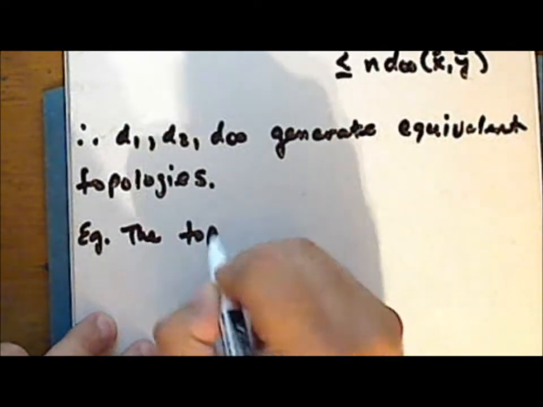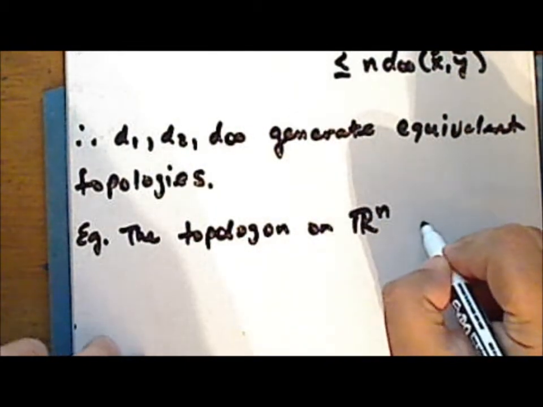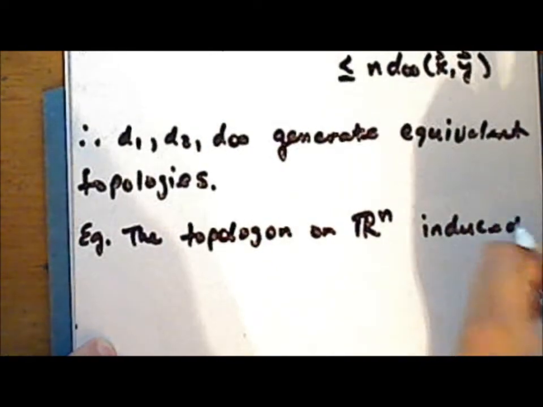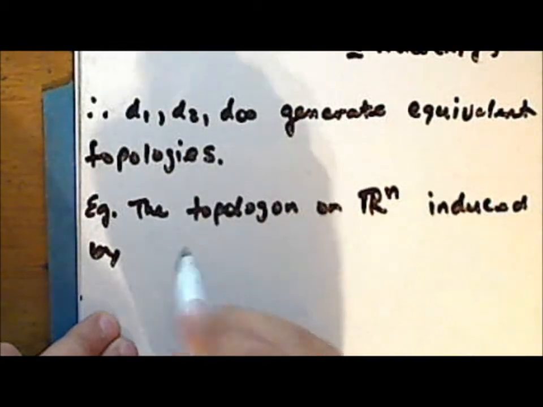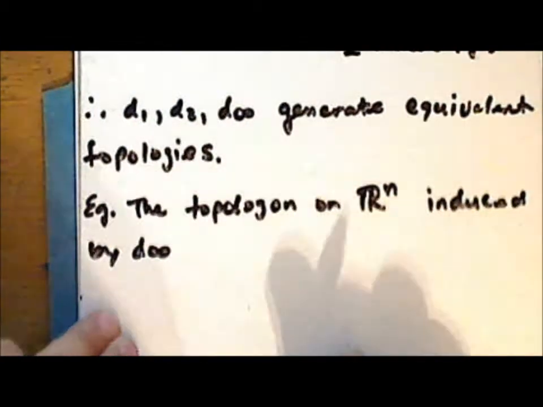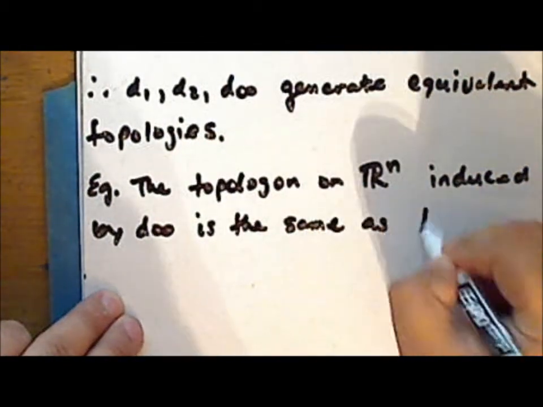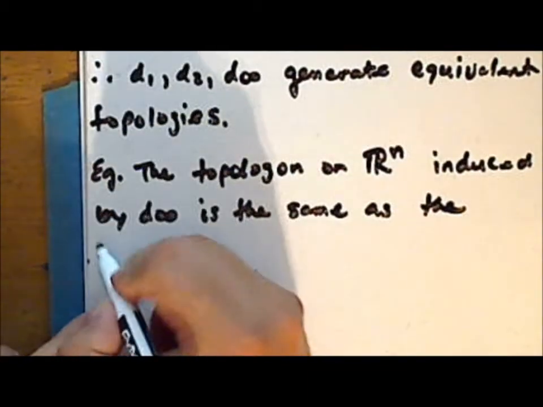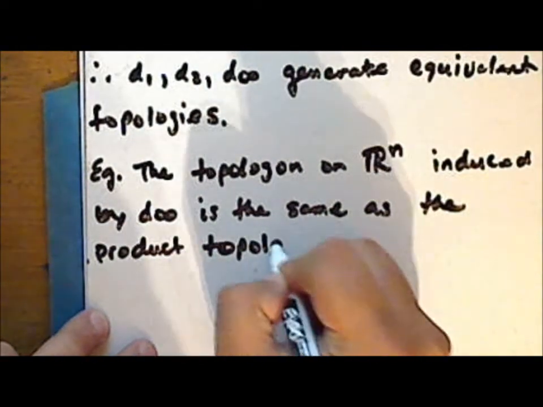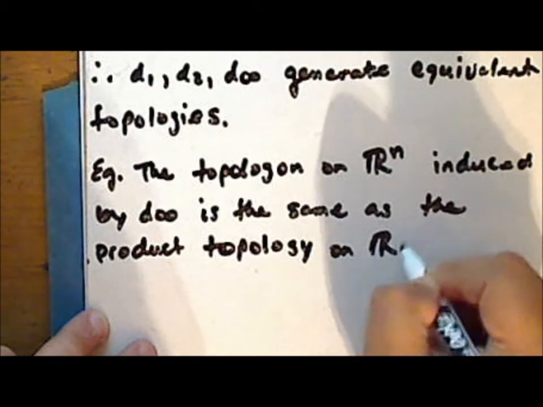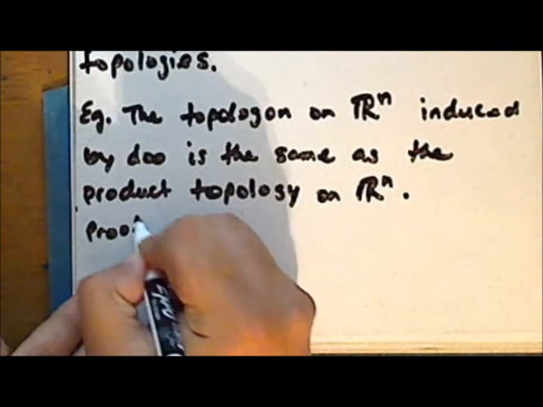The topology on finite dimensional real space induced by, now I can choose any one of the metrics, but I'm going to choose the square metric, is the same as the product topology on finite dimensional real space. Okay, so we'll now prove this.